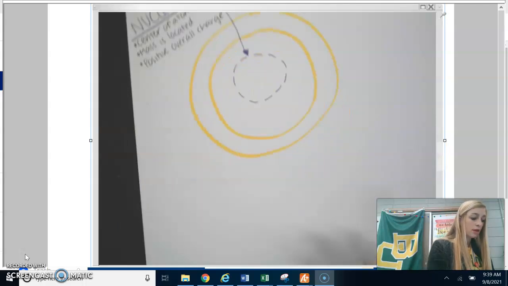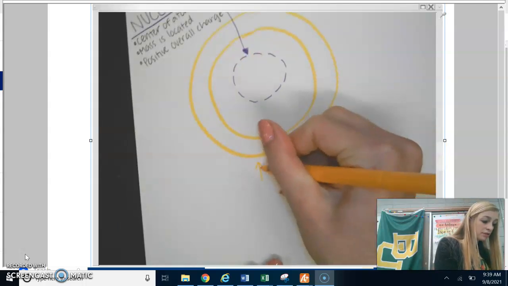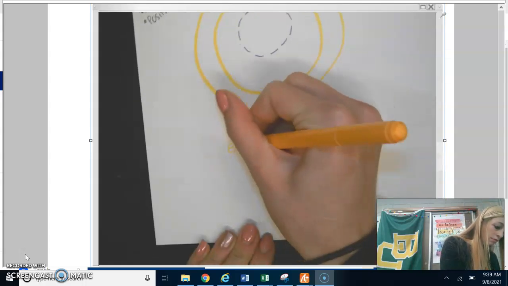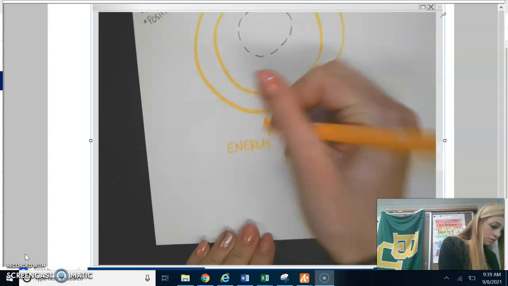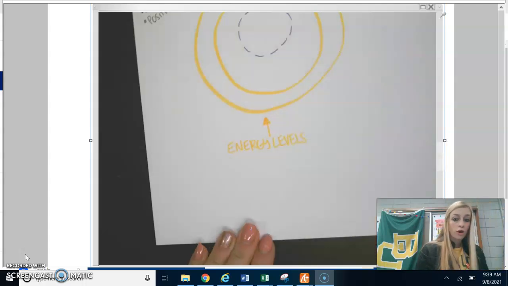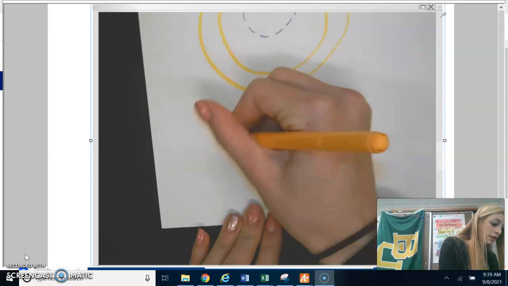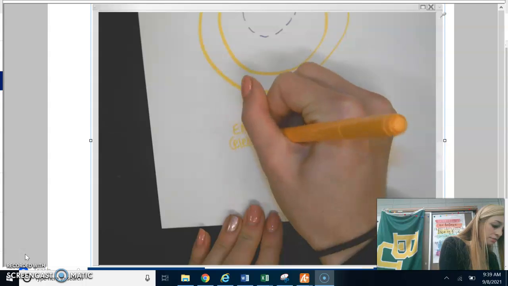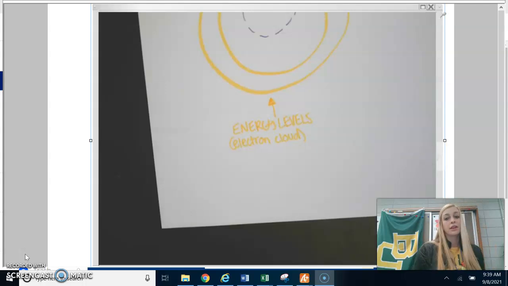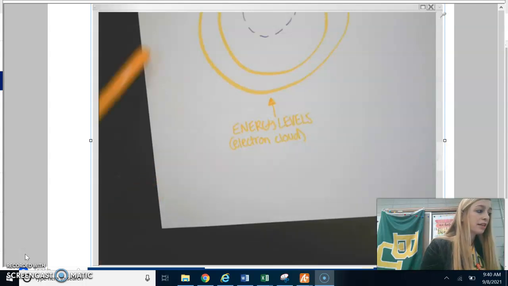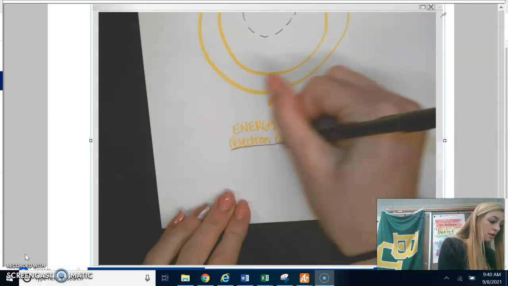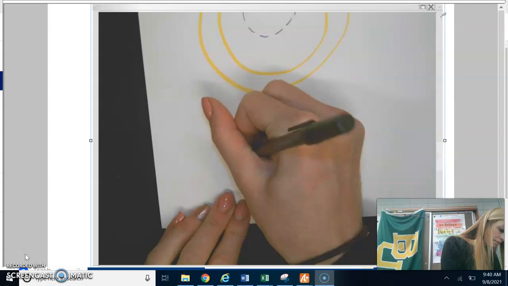Okay, the energy levels, or they have another name, the electron cloud, are the rings that are located outside of the nucleus. So this is where the electrons are.